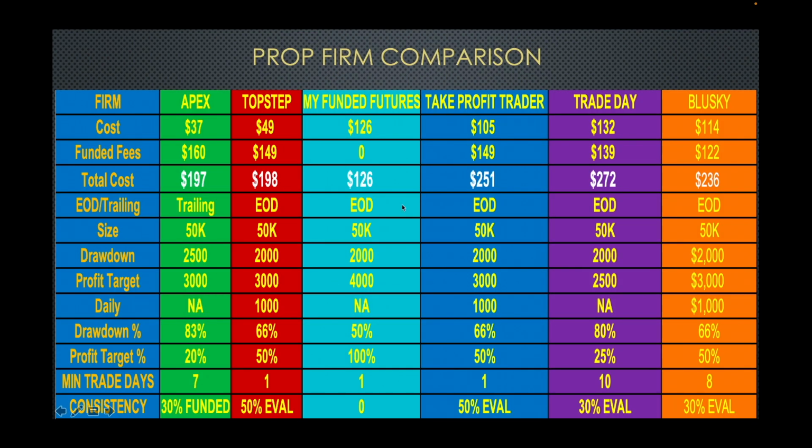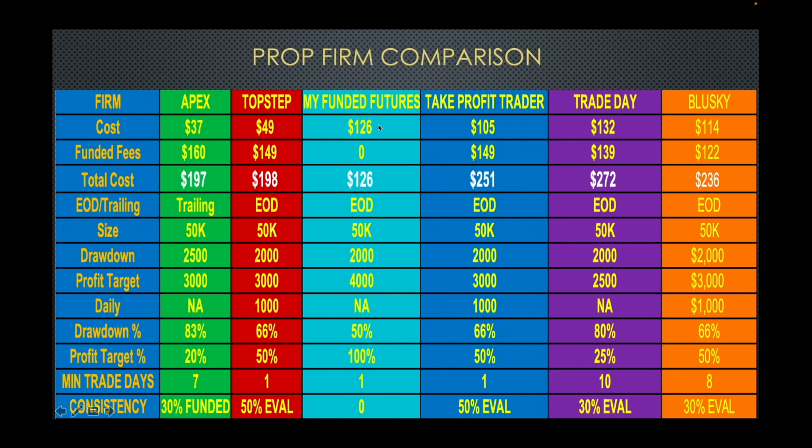So this last slide compares the different firms. You guys could take a screenshot of this if you wanted a really quick comparison of the firms. But for me, Apex is the cheapest initially for just starting out, wanting to try it.